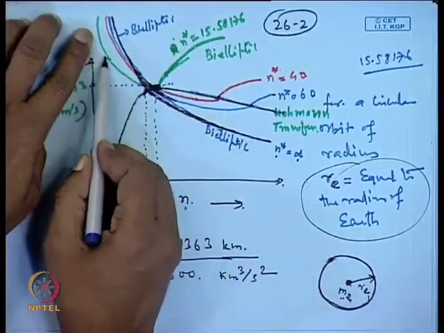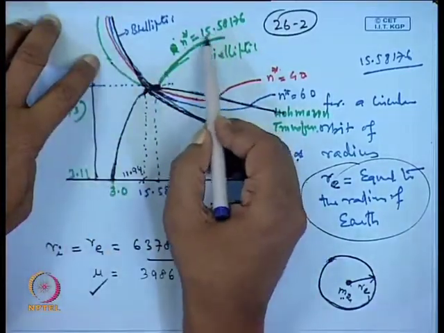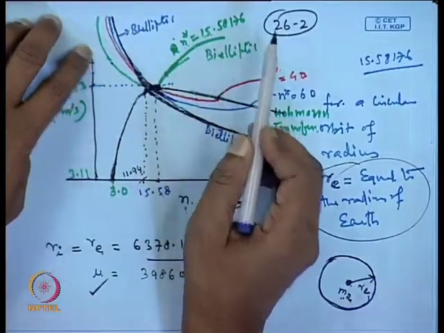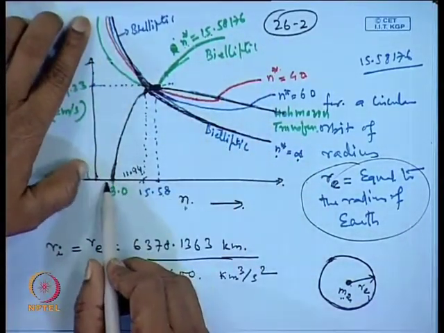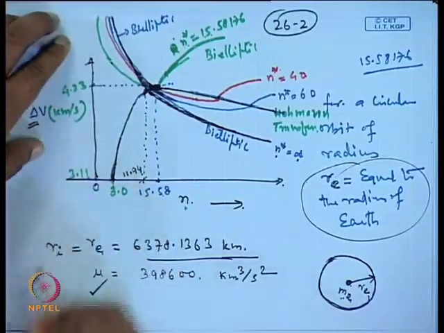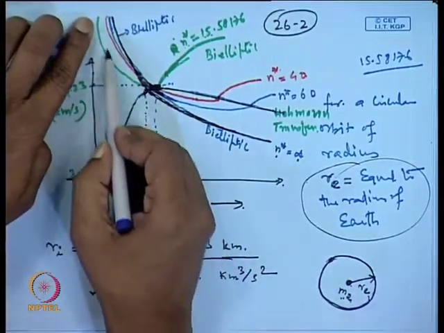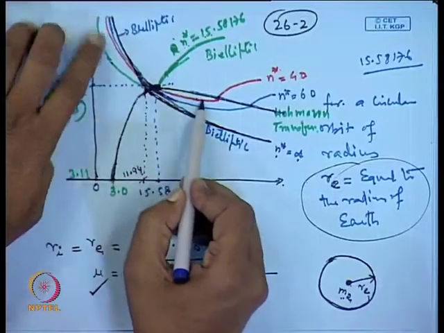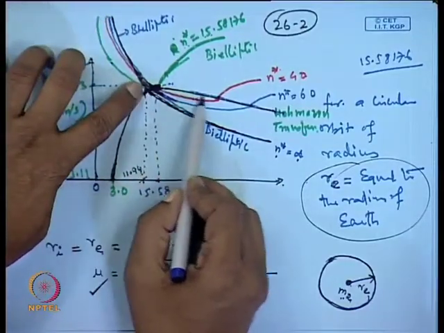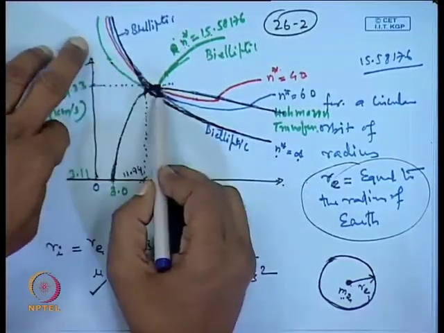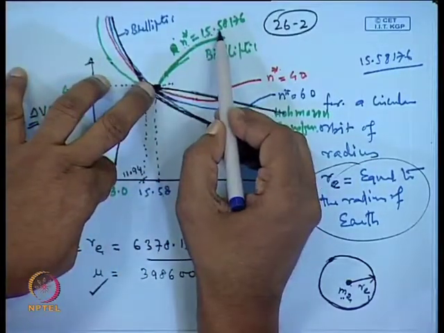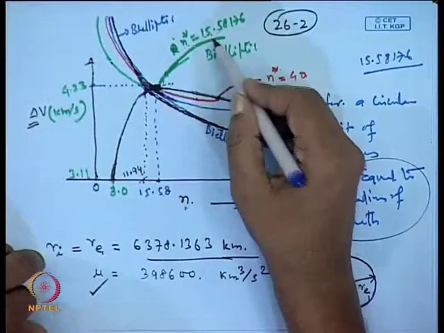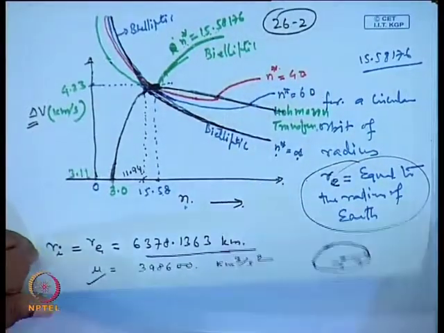Similarly, this one has resulted for n star equal to 15.58, and as we change the value of n gradually from 0 onwards. So, this point is 0. Similarly, we will get the result for this curve. So, it comes here, it cuts near 15.58 and then goes in this direction. Okay.